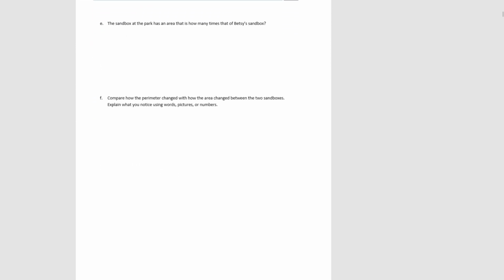So let's look at those numbers to answer E. So the sandbox at the park was 80 square feet, and Betsy's sandbox was 20 square feet. So the sandbox at the park is 4 times the area of Betsy's sandbox.